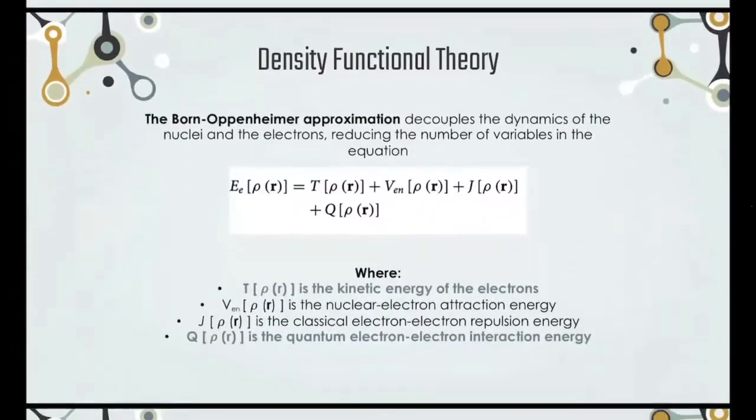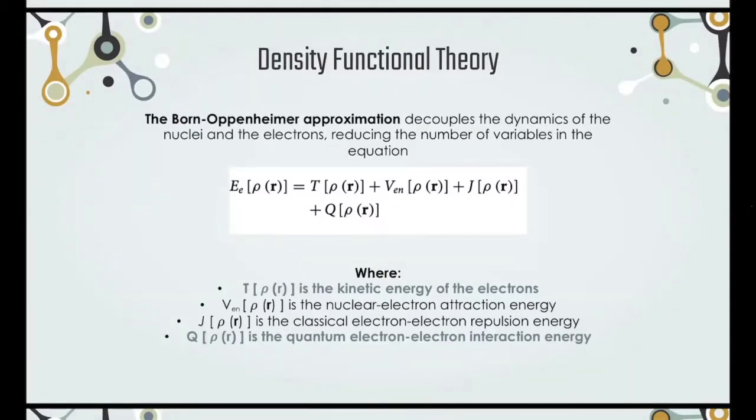But here, another step or base used in density functional theory is the Born-Oppenheimer approximation. This approximation decouples the dynamics of the nuclei and the electrons by reducing the number of variables in the equation.